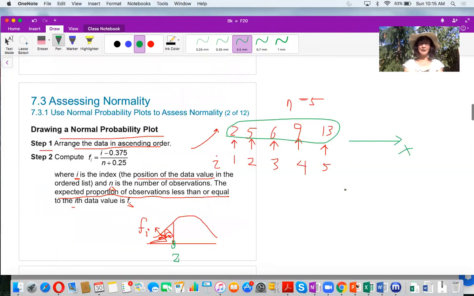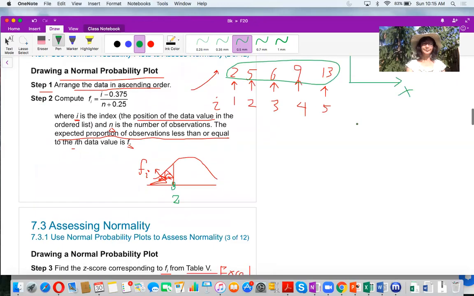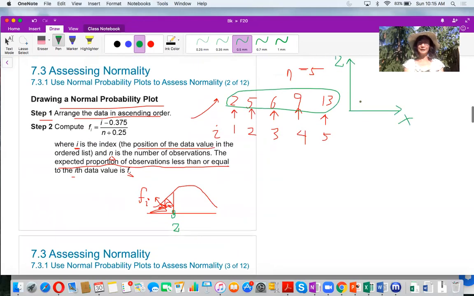The result of step 3, the z value, is the y-axis. And you hope to see a straight line here, or approximately a straight line. If it is a straight line or approximately a straight line, that indicates the data come from a normally distributed population.